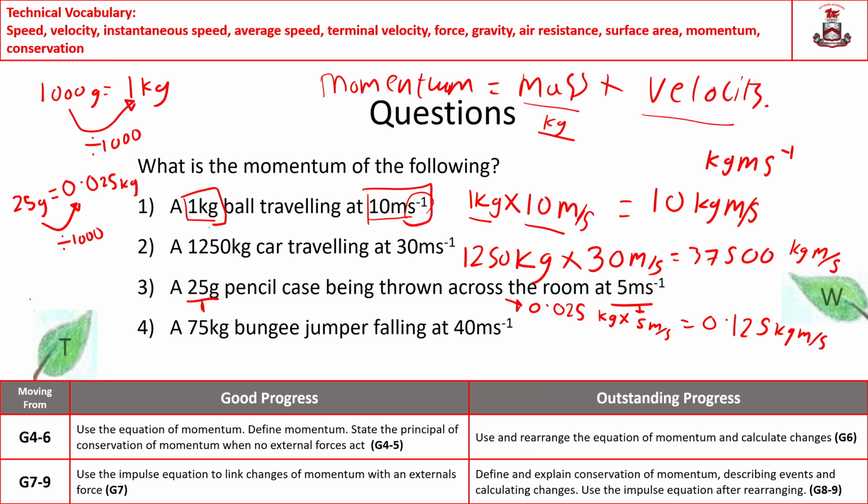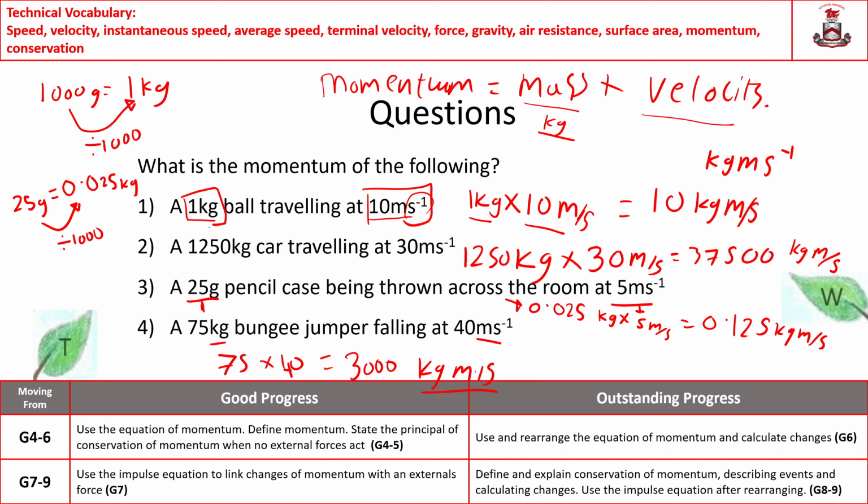Last one, 75 kilogram bungee jumper falling at 40 meters per second. So again, 75 times 40 equals 3,000 kilogram meters per second.